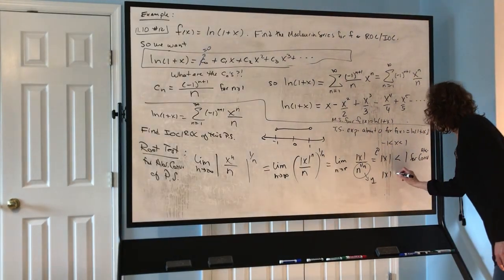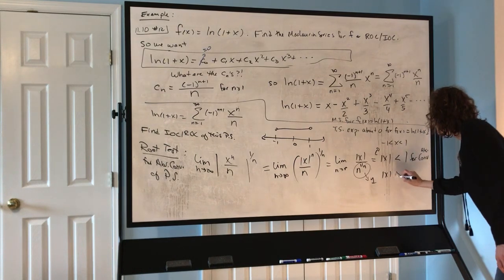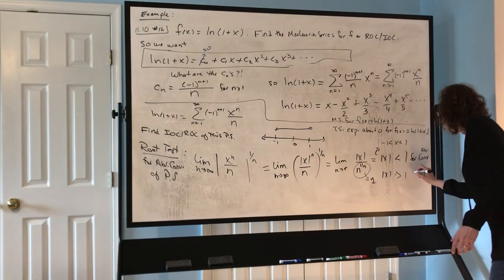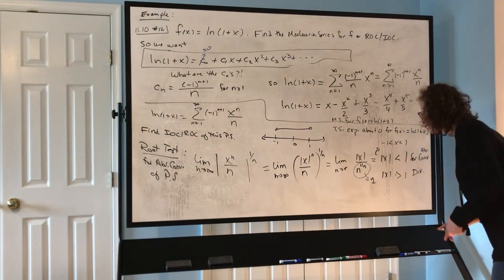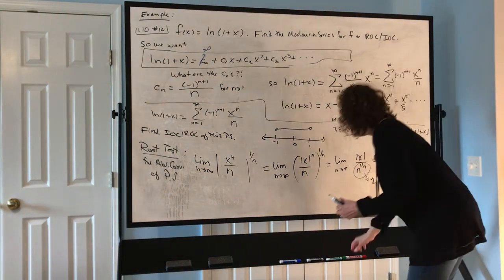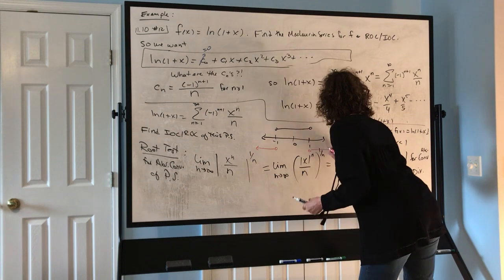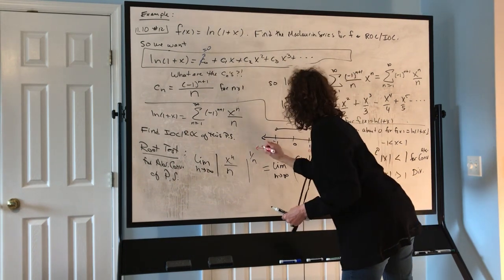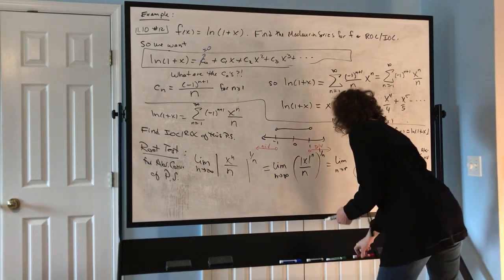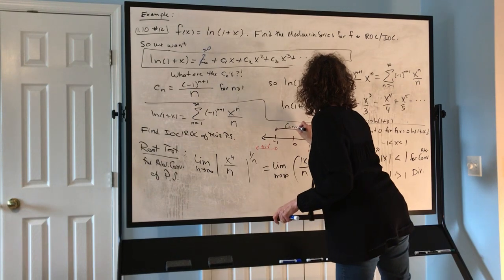If that guy is greater than 1, what do we know we have from the root test or the ratio test? Divergence. So we know that here and there, we've got divergence. Here we've got convergence.